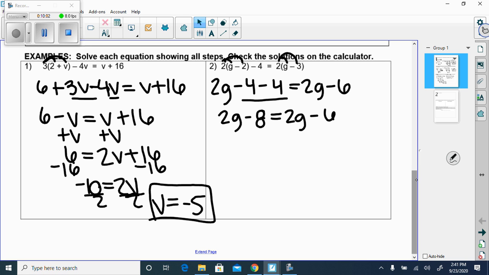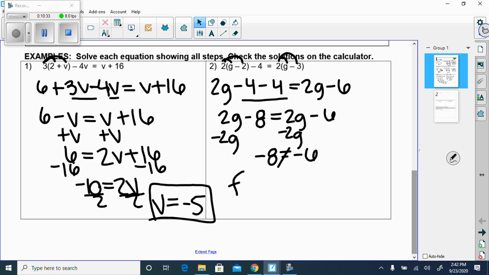Alright, so we need to move our g's together. So how can I move this 2g? Subtract it. Good. Now, what is 2g minus 2g? Zero, right? They go away. So all I have is negative 8 equals negative 6. Is that a true statement? No. Good.